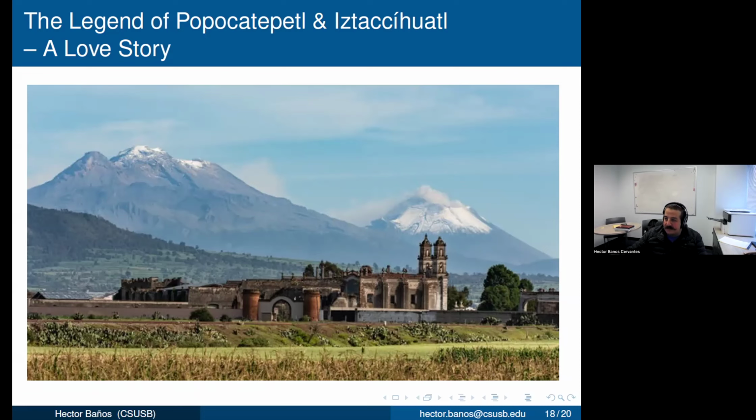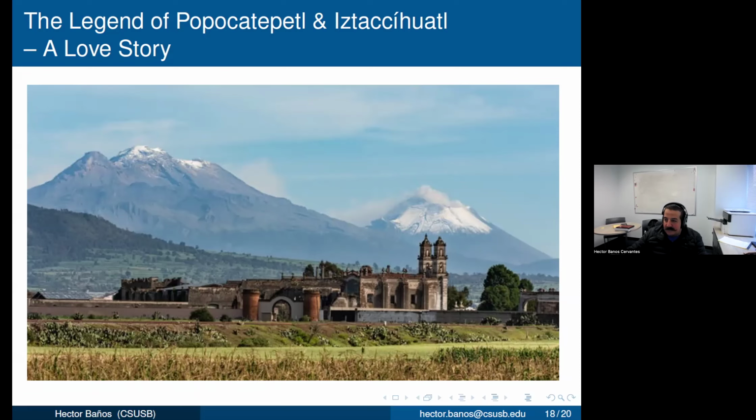Among the chief's children was the incomparable Princess Iztaccíhuatl, renowned as the fairest of all princesses. She had fallen deeply in love with Popocatépetl, a valiant warrior from her father's tribe, renowned for his striking handsomeness. The two young souls professed an unwavering love for one another, and before departing for battle, Popocatépetl approached the chief, seeking his daughter's hand in marriage.